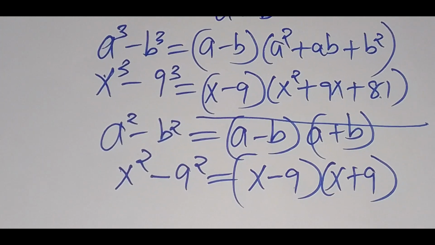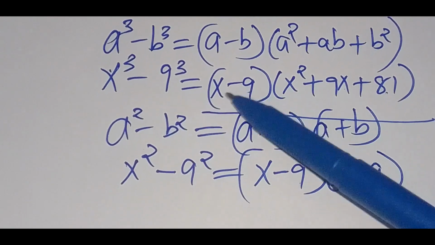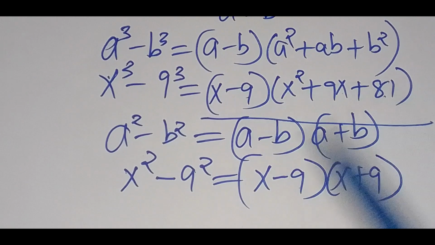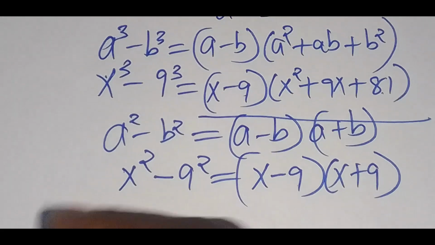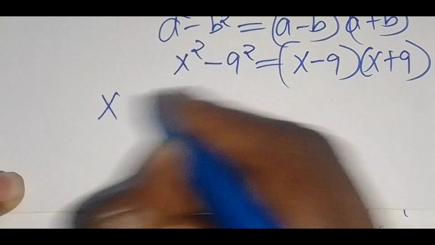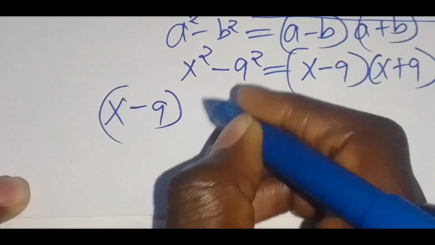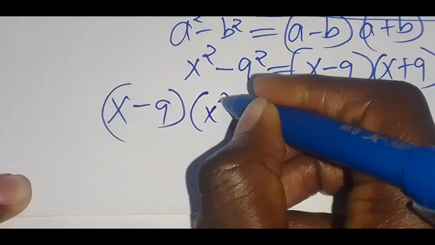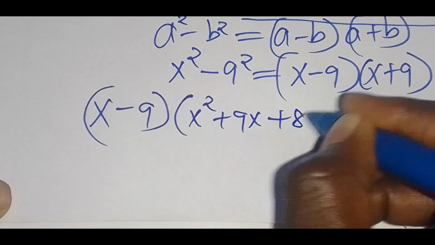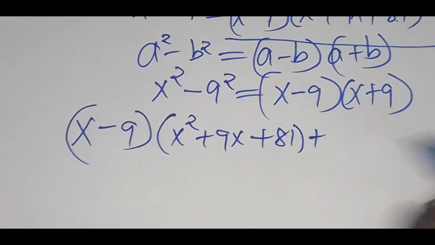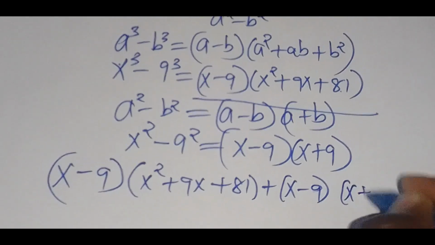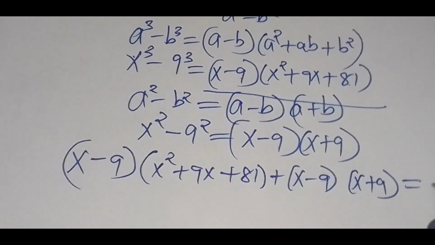Now we combine the two parts, x cubed minus 9 cubed and x squared minus 9 squared. We have x minus 9 times x squared plus 9x plus 81, plus x minus 9 times x plus 9, equal to 0.